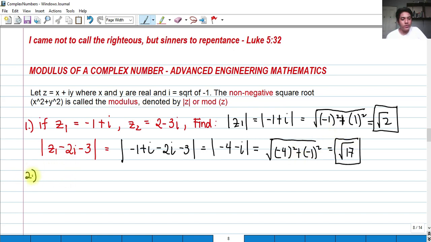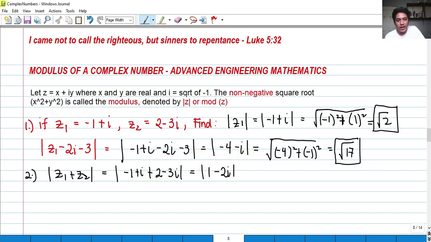So for number 2, given the same z sub 1 and z sub 2, how are we going to find the modulus of z sub 1 plus z sub 2? Simply substitute -1 plus i plus z sub 2, that's 2 minus 3i. Then we simplify this: -1 plus 2 is 1, and i minus 3i is minus 2i.